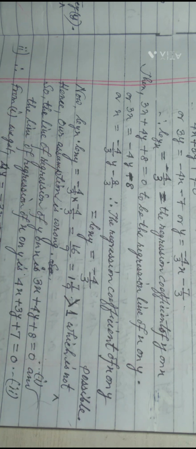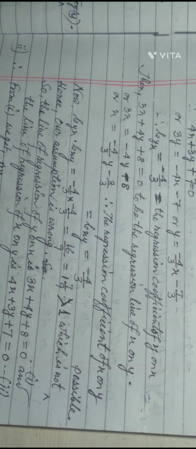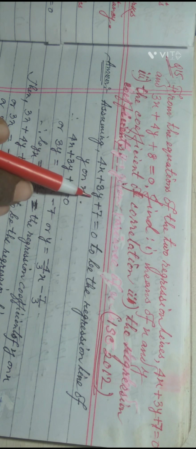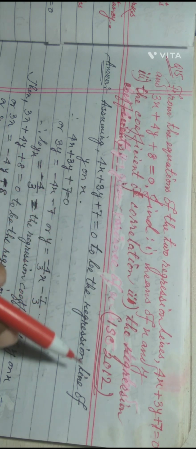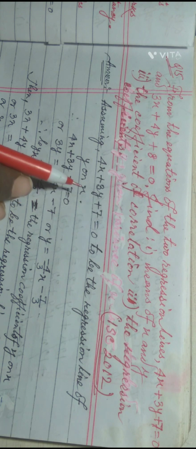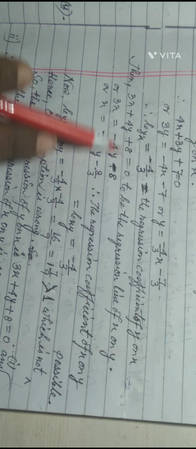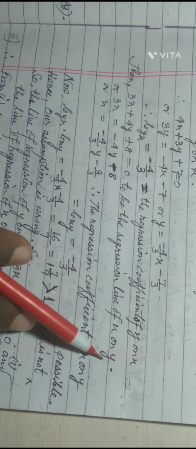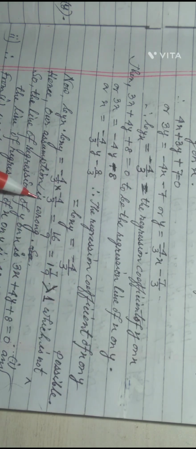And that's why we have to take the equation the reverse way. That means 4x plus 3y plus 7 equal to 0 to be the regression line of x on y, not y on x. This will be x on y, and this will be y on x. Clear?